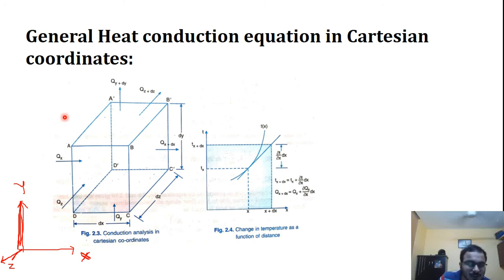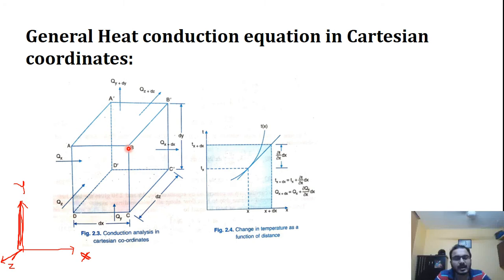That is, if we focus on this phase A prime, D and D prime, then this is the leftmost part and heat is entering, which is Qx. And if we consider the x direction of heat flow, then it is passing in this way and it is exiting this volume through a phase which is B, B prime, C prime, C. So it is exiting through this phase.